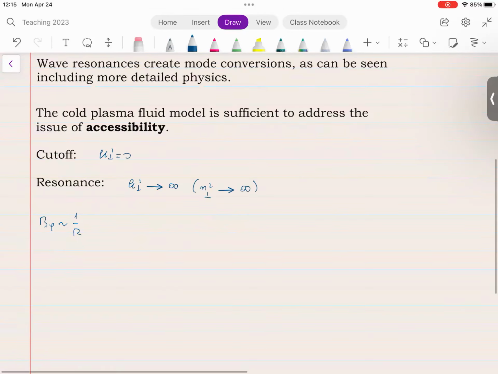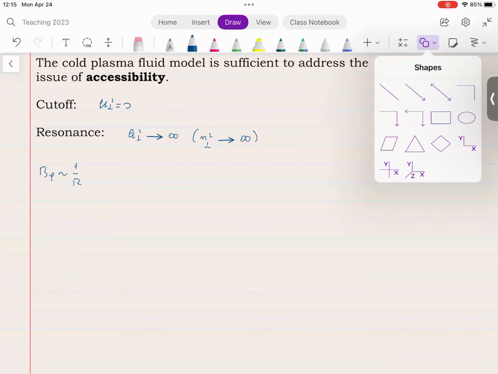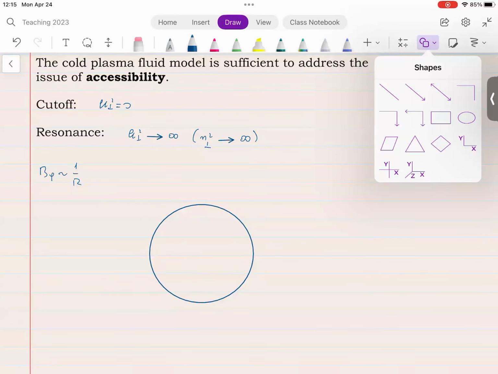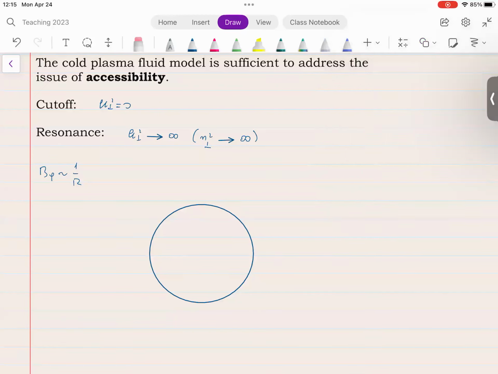We're going to assume that we are looking at a plasma that looks sort of like this, where we have only one coordinate we really care about, which is the x coordinate.